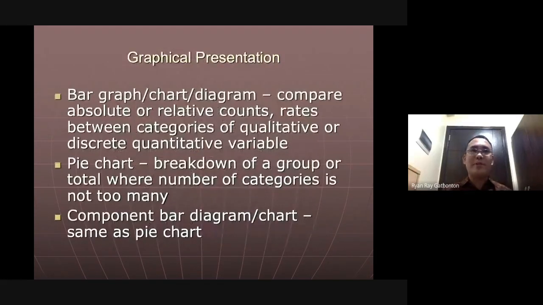You can also decide to present your data graphically. The usual method of presenting data is that most researchers present their data in tabular form. If you use tabular form on one part of your research paper, you use tabular form all throughout.